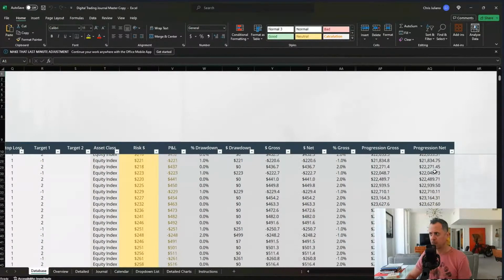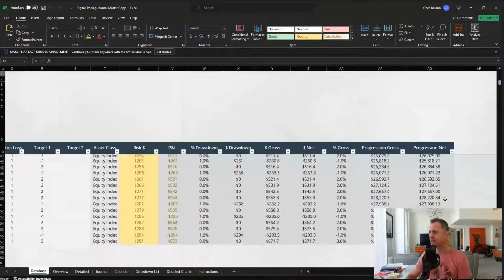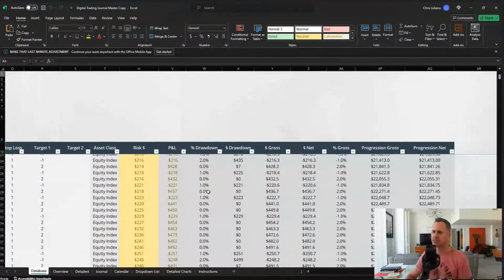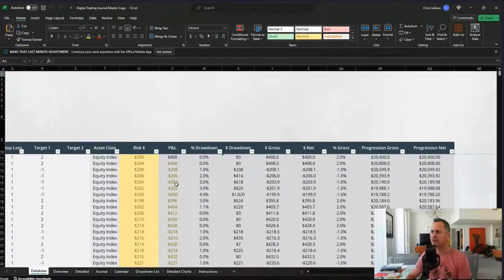And here are the results. So this is from about a month and a half of trades. And you can see here that sometimes, like at the very beginning here, see the minus sign? That's 5 losses in a row. Sometimes you'll see that, but we're protected.